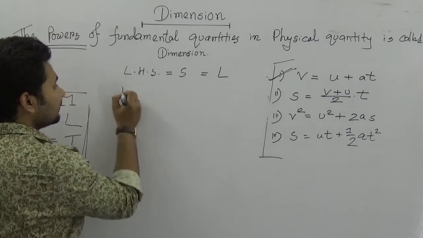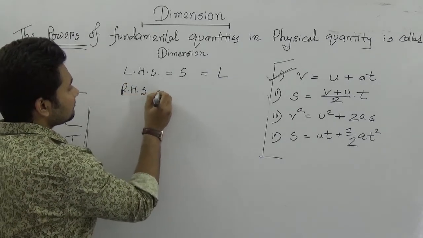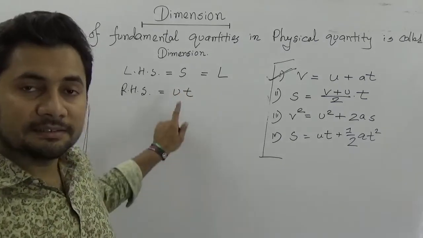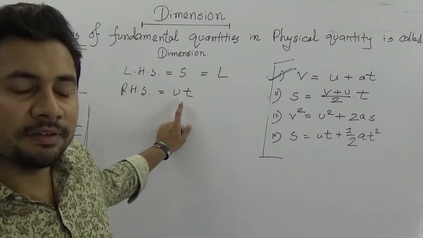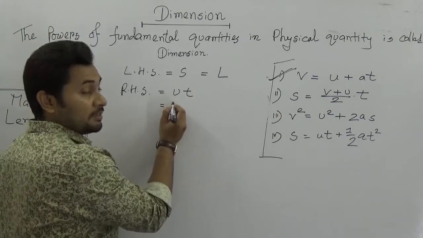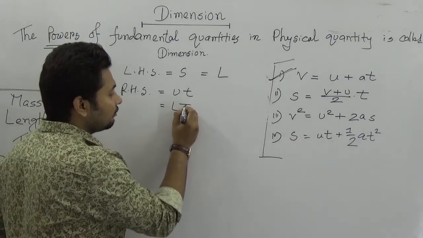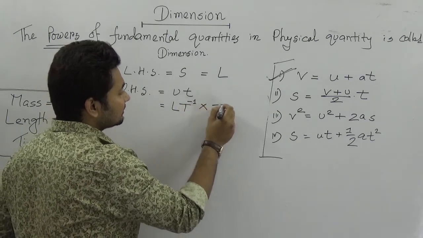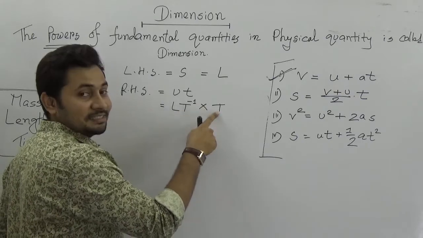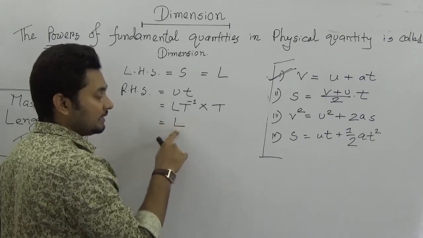And again, on the right hand side, there is U times T. U is the initial velocity times T, so what will be the dimension? L over T times T. If we divide it, T and T would cancel, and this would be only L.